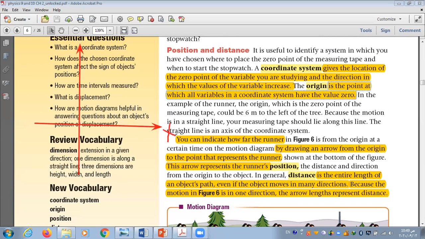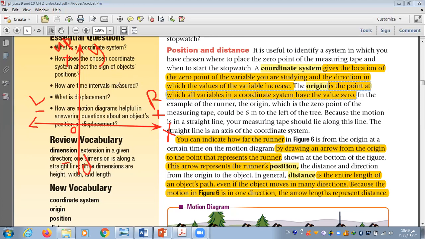You start at this point, the origin, and this direction will be positive and this direction could be negative, or you can say he's moving to the right or to the left. This direction is positive and this is negative; you can say he's moving up or moving down. So that's what we mean by direction.